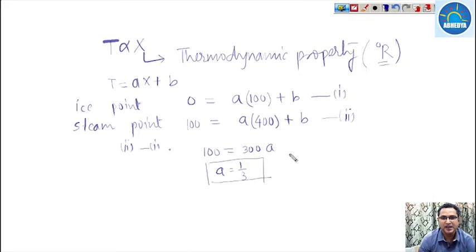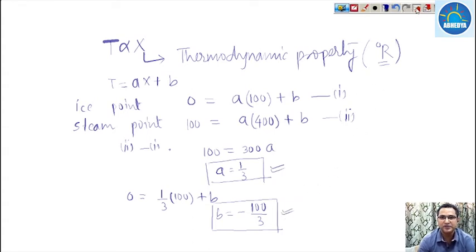Now put the value of A in equation number 1, then it is 0 equals 1 upon 3 into 100 plus B. So this gives B is equal to minus 100 upon 3. So the value of A is 1 upon 3 and the value of B is minus 100 upon 3.